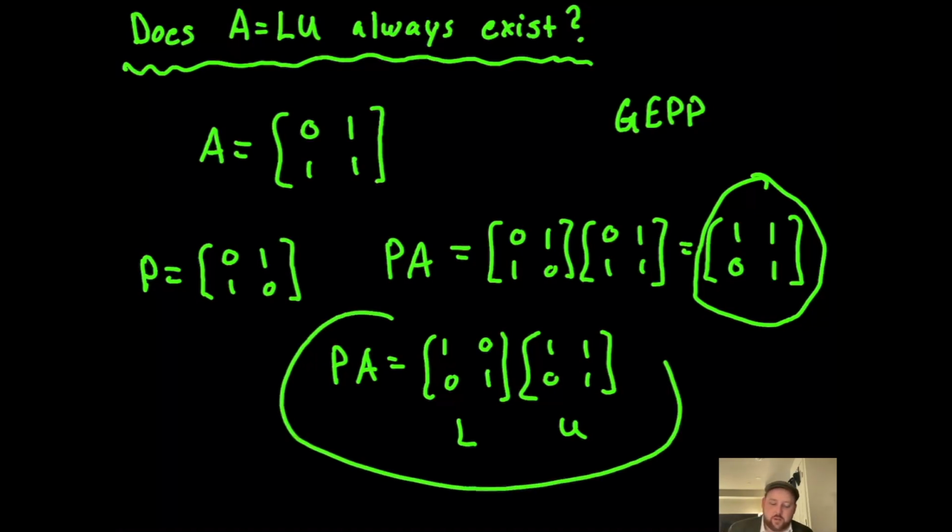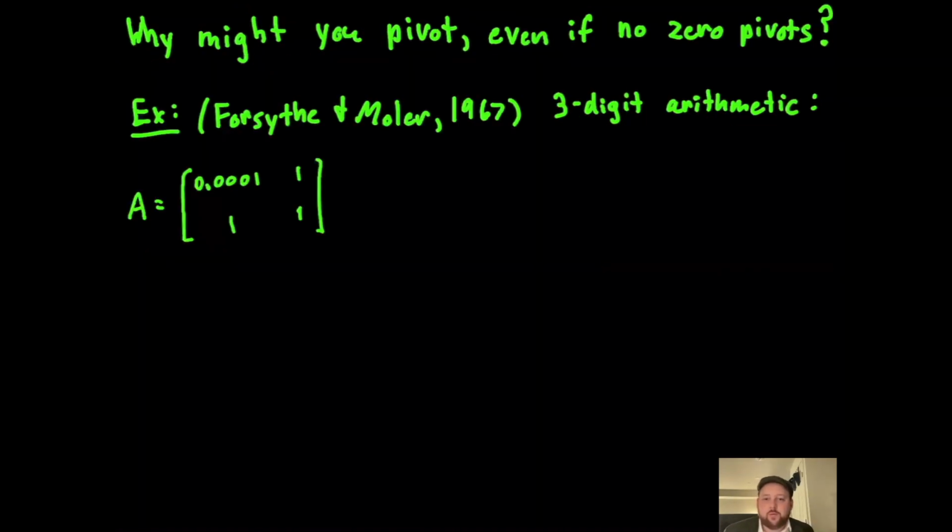This PA is equal to LU factorization that we just found for the matrix A. So that was an example of a very simple matrix for which you actually have to do pivoting theoretically to do the LU decomposition. Right? The process is not defined for standard Gaussian elimination without any pivoting. You'd have a division by 0, or you wouldn't be able to find these L or these U factors.